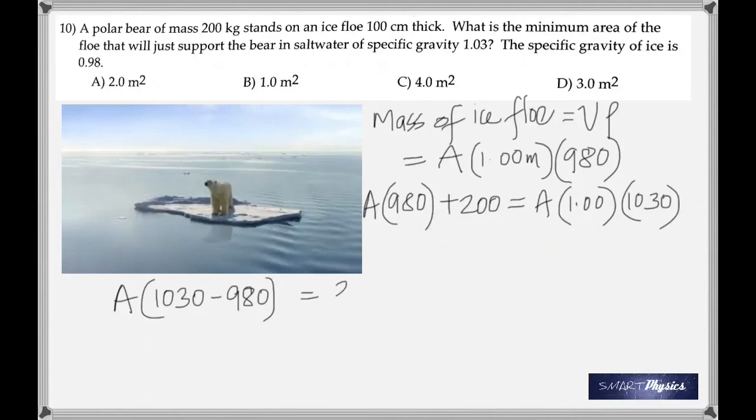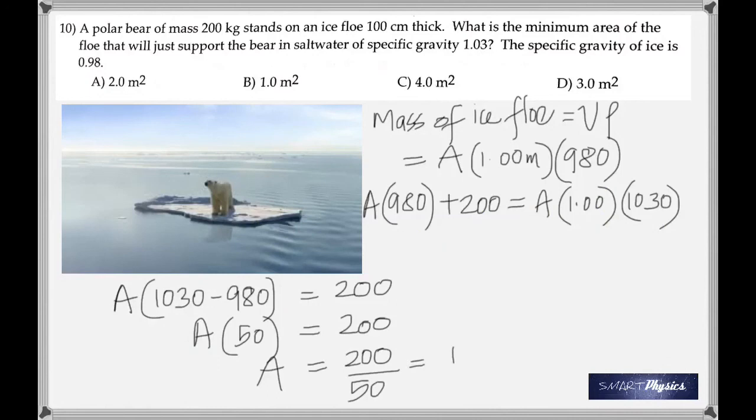So on rearranging and collecting the terms for A together, we get 50 times A is 200, so A is 200 by 50, which is 4.0 meter squared. Thank you, and just use this and prepare for the exam.